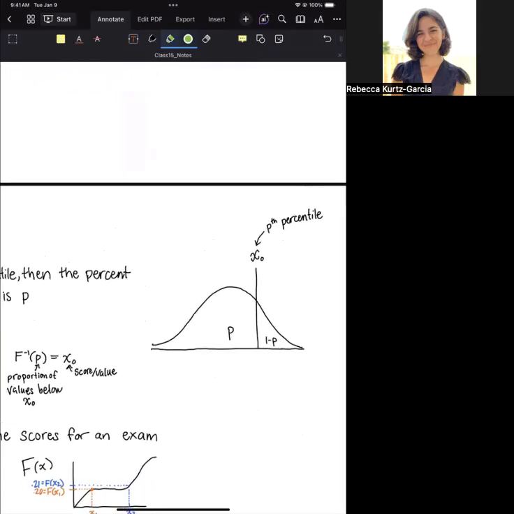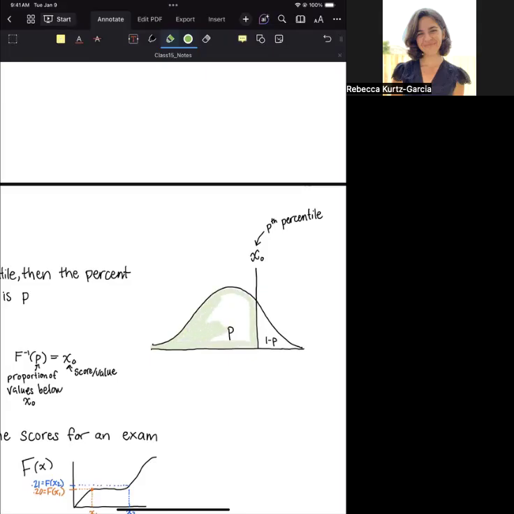So looking at this on a quick graph, the normal distribution is one of the bigger, more important distributions that we typically think about with percentiles. X naught here is the pth percentile, and there's about p proportion of values below it.